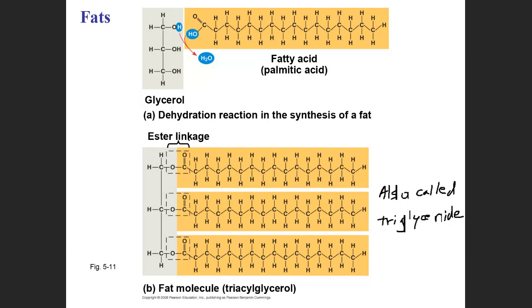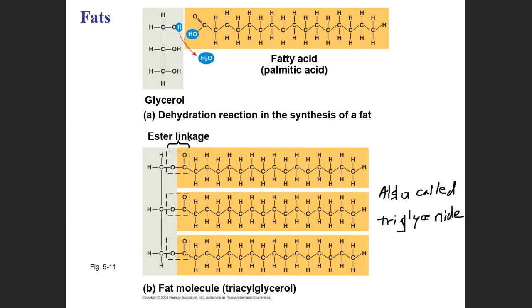So here we see fats. So a fat is composed of a molecule of glycerol and at least one fatty acid. One fatty acid, and we call this a monoglyceride. If there's two fatty acids, it's a diglyceride. And if there are three fatty acids, it's a triglyceride.